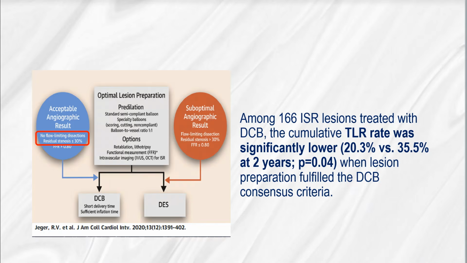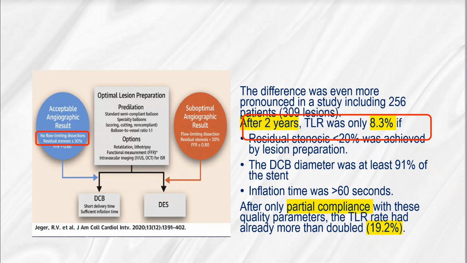According to this study, the target lesion revascularization rate was lower, from 35% to 20%, when lesion preparation fulfilled the full DCB consensus criteria. The difference was even more pronounced in a study including 309 lesions.